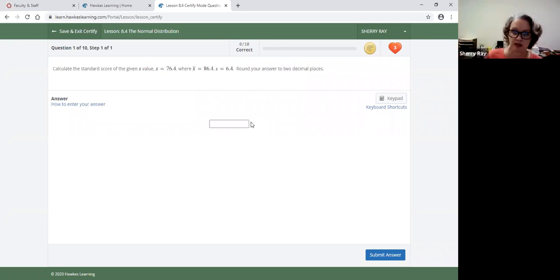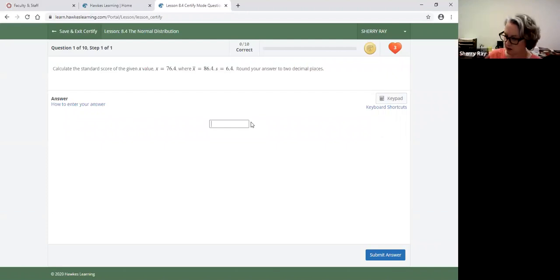X bar is the mean. Our standard deviation is S. This is our formula for our z-score.